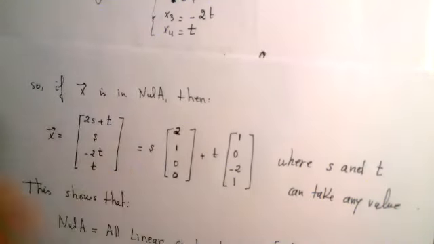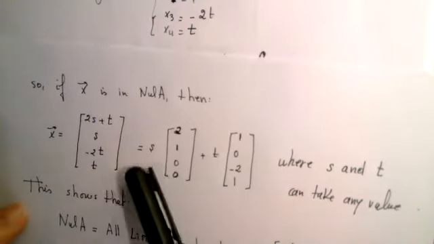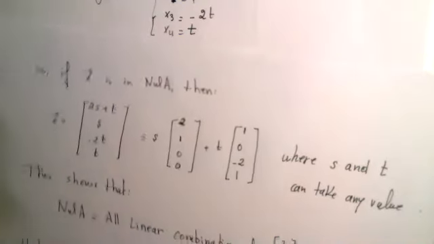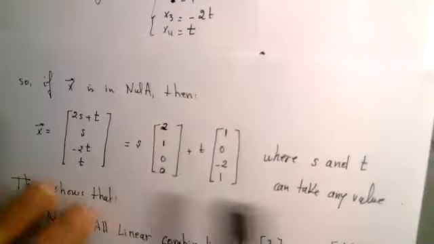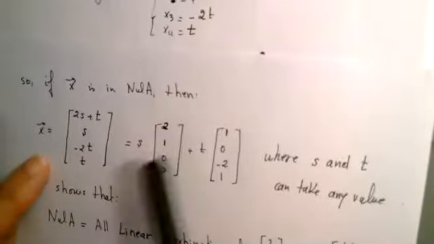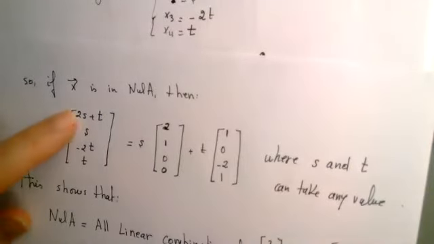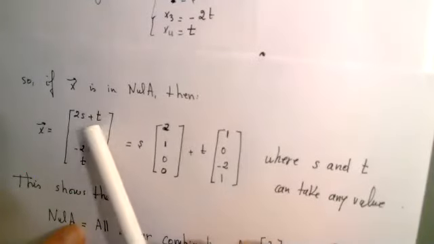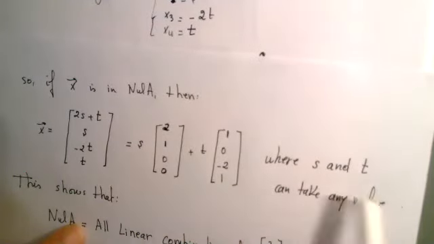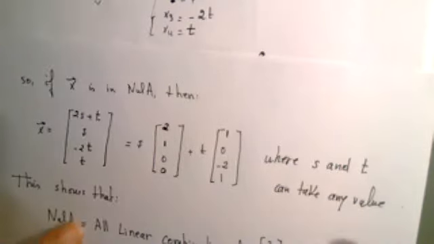We try to get the s and t out of the vector notation. To do that, we have to split the vectors. So it's s times (2, 1, 0, 0) plus t times (1, 0, minus 2, 1), where s and t can take any value.